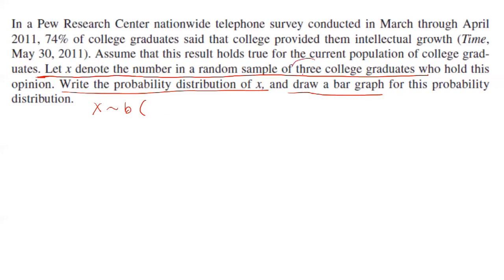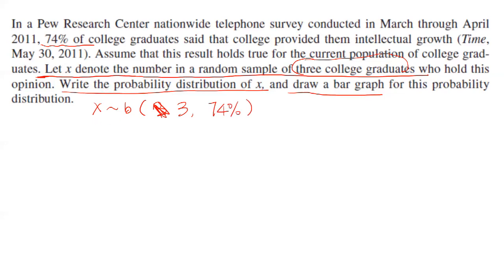Because here we check 3 college graduates, that means we conducted 3 trials. So N is 3. Second parameter is the probability of success in each trial. According to the statement, 74% of college graduates said they have this opinion, right? So here P is 74%.